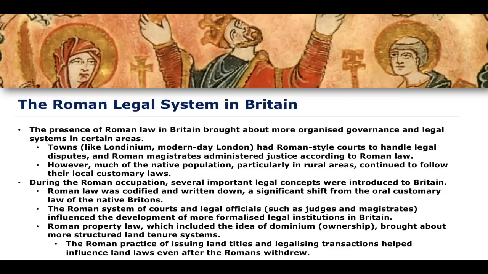But it is really when the Romans leave and the Angles and the Saxons take over that we start to see a true codification of the English legal systems. But even in that sense, the inflection point of the Norman conquests leads to another set of developments of legal principles and legal systems, with things like feudalism.